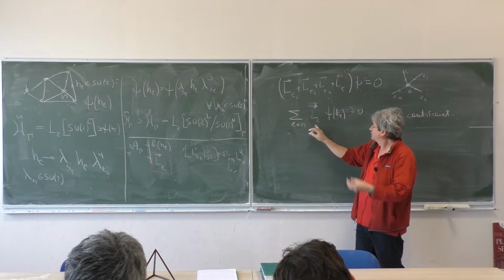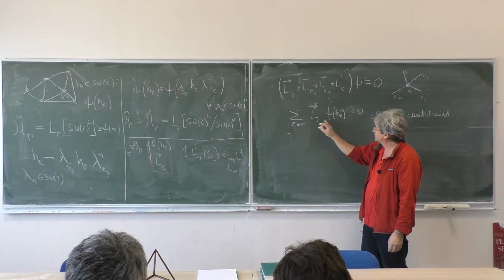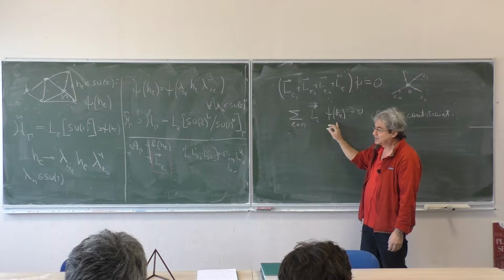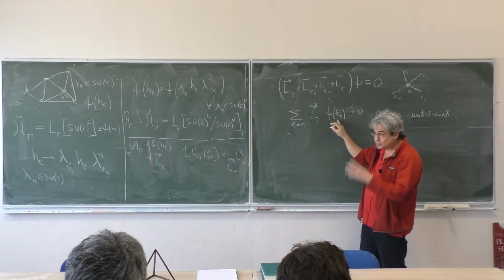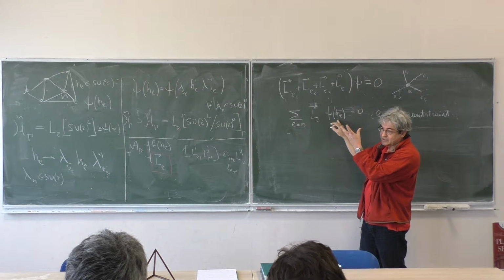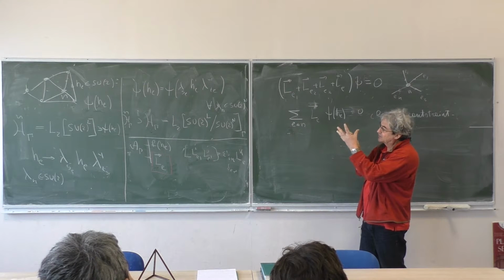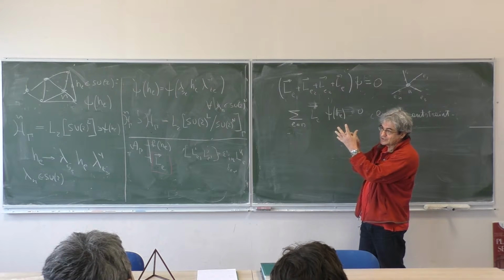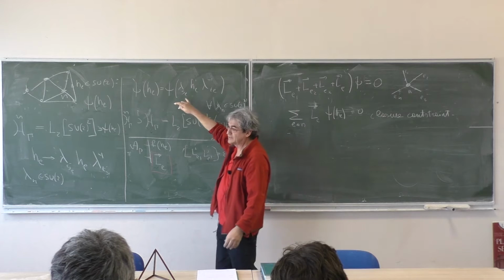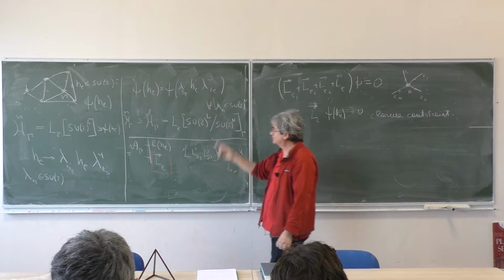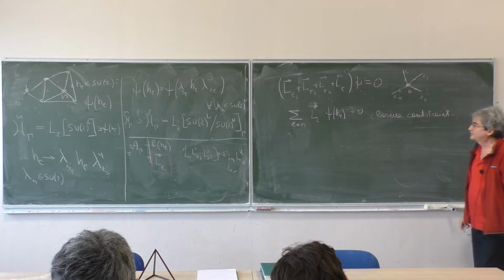So this is the infinitesimal transformation that acts on the four group elements associated with these four links on the node, and that's exactly the gauge transformation. That's a generator of those gauge transformations, and it is zero.